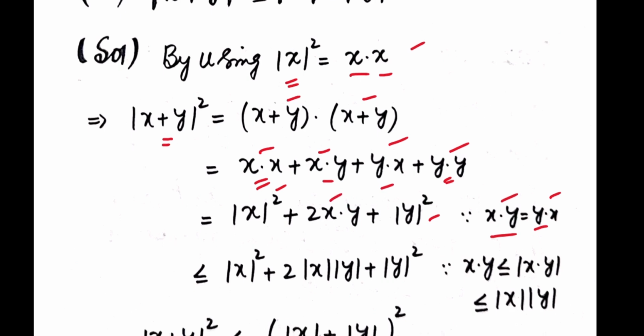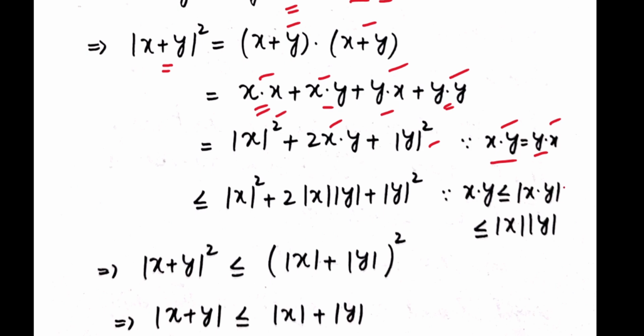In the above property, we have shown that the absolute value of x dot y is less than or equal to the norm of x times the norm of y. As the dot product can be negative here, when you take the absolute value, x dot y is less than or equal to its absolute value, and further this is less than or equal to the norm of x times the norm of y.